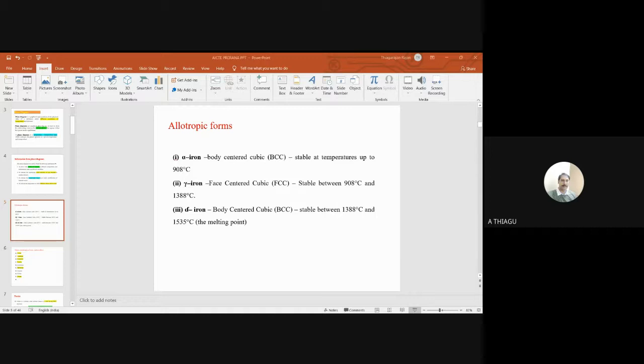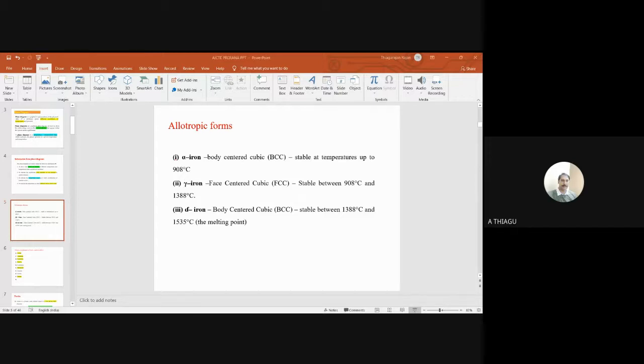This is eutectoid, where one solid produces two solids at a temperature of 727 degrees centigrade. The percentage of carbon involved is 0.8%. Okay, I will show the structure so you can understand.